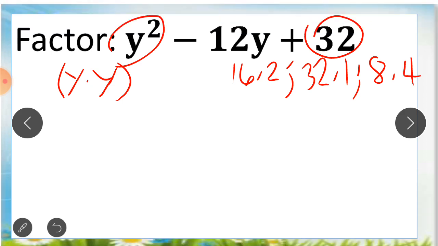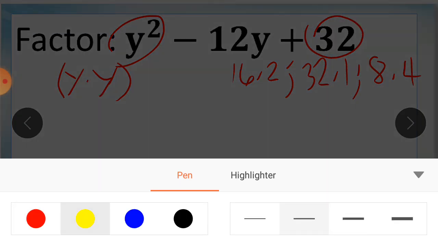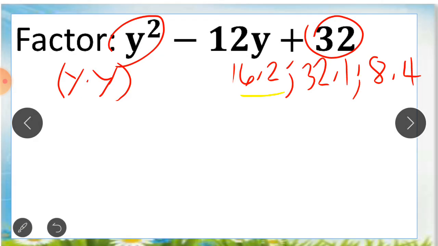Okay, so then choose which among these 3 pairs, 16 and 2, 32 and 1, and 8 and 4, can become the middle term, which is positive 12. So the clue here is that the last term is positive, so therefore the sign of the factors are the same.